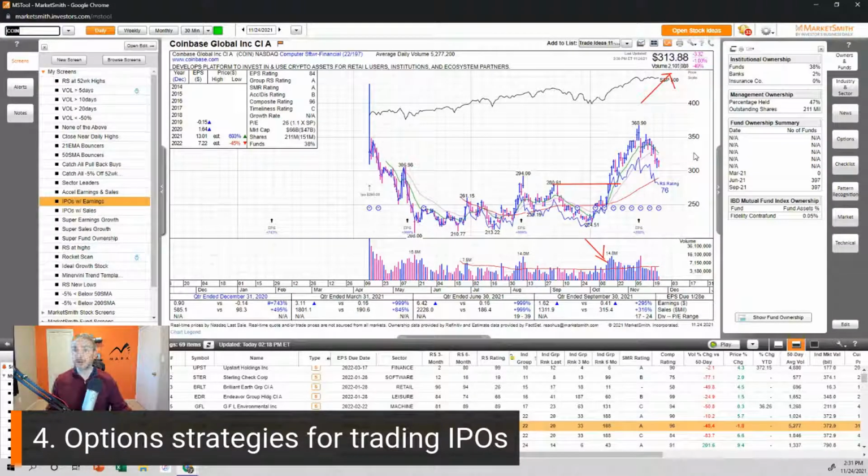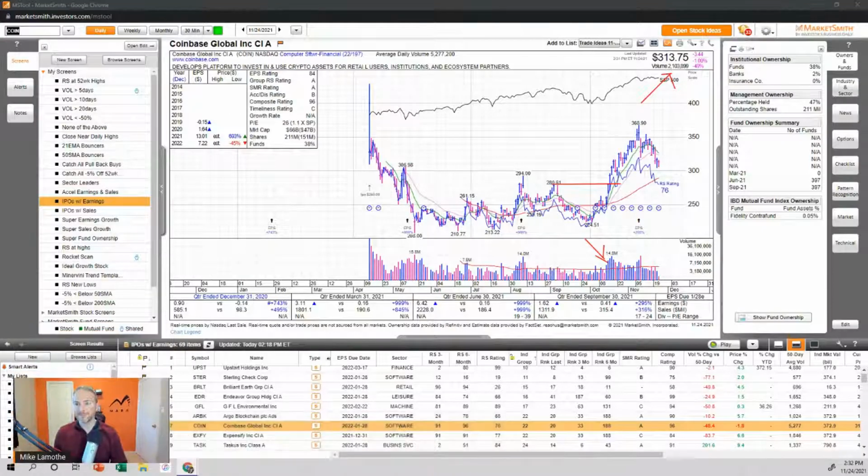And this could have been a prime candidate to be trading options rather than the stock to give you that bit of extra leverage, because when you have this kind of volume on a breakout, you tend to have an even stronger move, and it's that velocity, that volatility, that's going to give you a stronger move in the price of the option versus the stock. So those are some of the option strategies that I would use in trading IPOs.